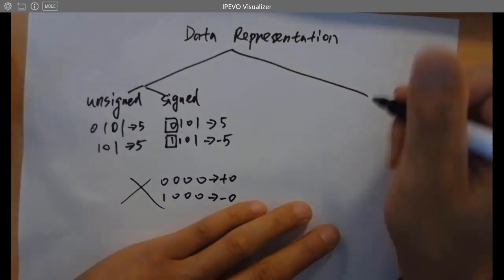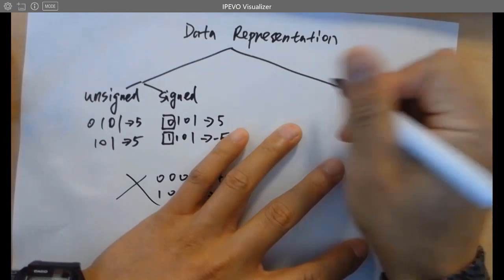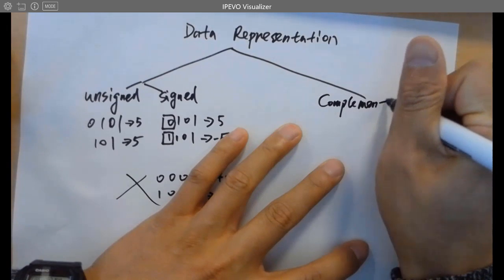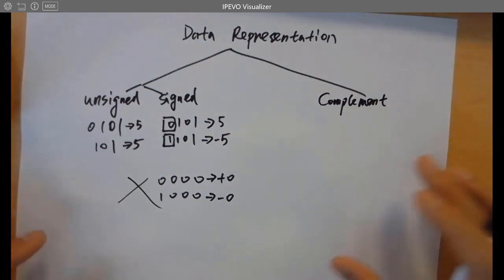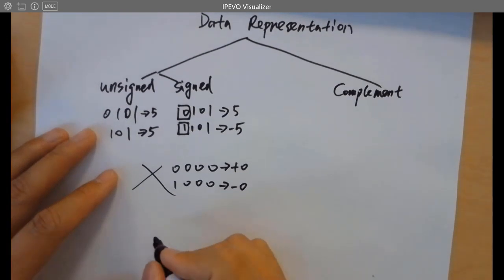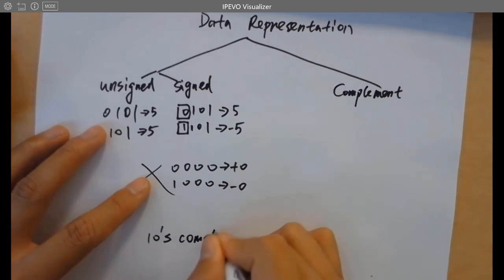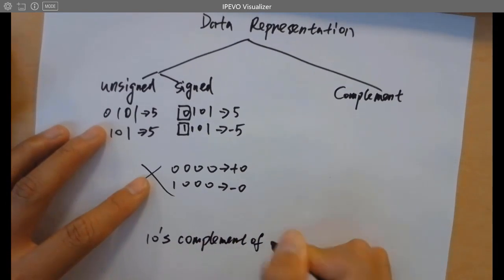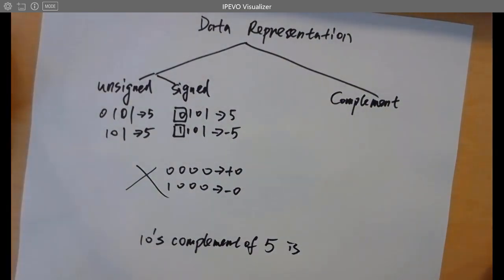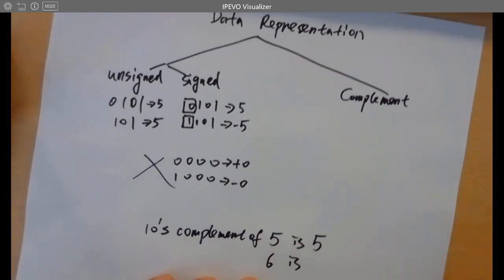Okay. And there's another version called 1's complement. The concept of the complement, let me give you some examples in decimals. For example, the 10's complement of 5 is 5. The 10's complement of 6 is 4.